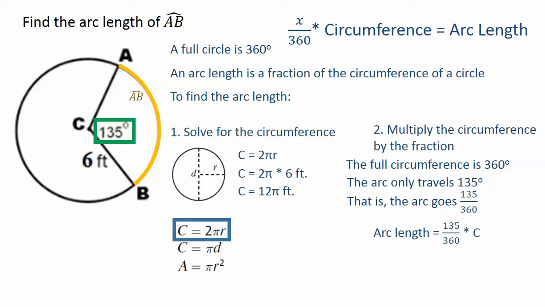So my arc length is 135 out of 360 times my circumference, 12 pi feet. Simplifying in my calculator, I'm going to plug in 135 divided by 360 times 12, and then convert it to a fraction to find that my arc length is 9 pi over 2 feet, or about 14.1 feet. Check this in your calculator now to make sure that you're successfully finding the correct answer.